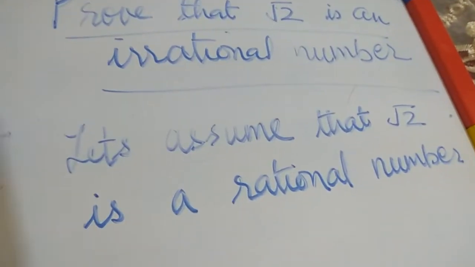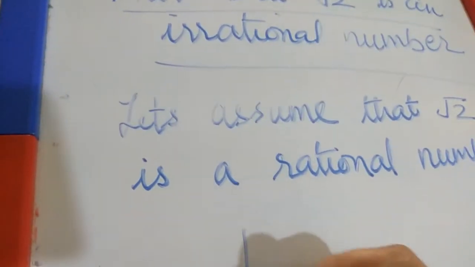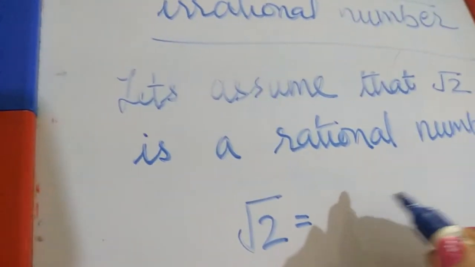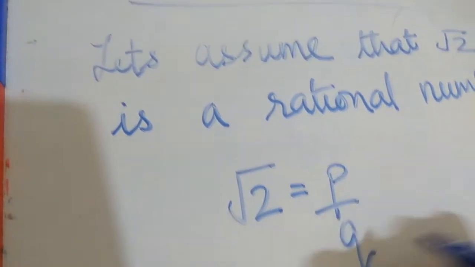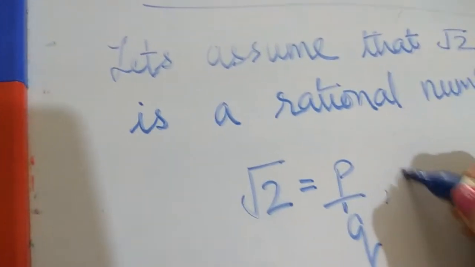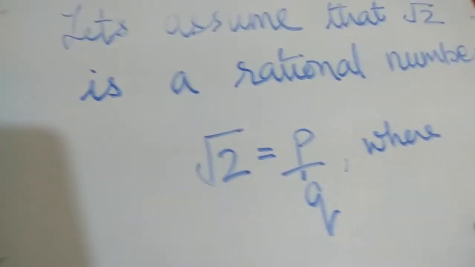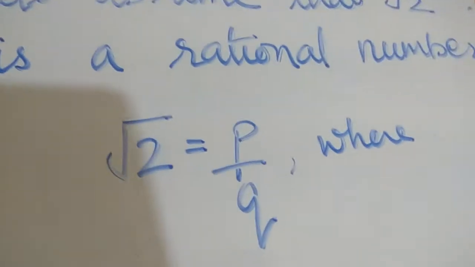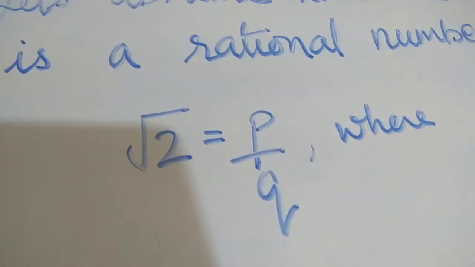So when we are taking root 2 to be a rational number, we can write it in the form of p by q, where p and q are integers by definition and q is not equal to 0.